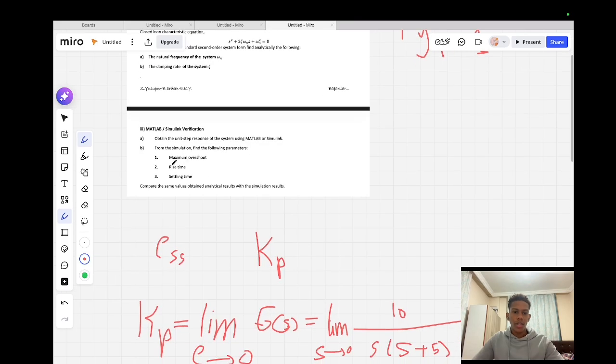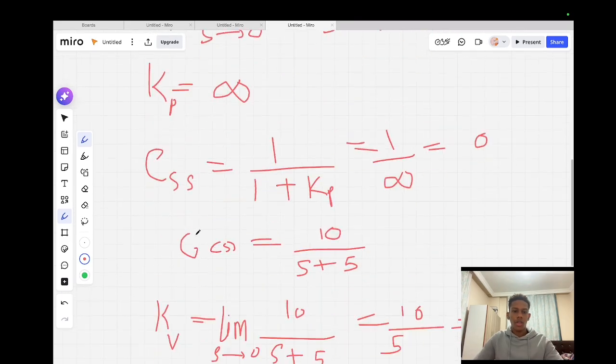Final question, we need to find the maximum overshoot, MP.